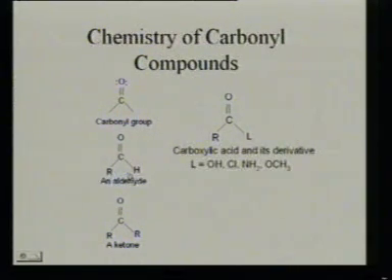Aldehydes are the ones where at least one of the groups is hydrogen, and the other may be hydrogen or any alkyl group, but the carbonyl C=O group should always be there. For ketones we have two alkyl groups along with this carbonyl group.